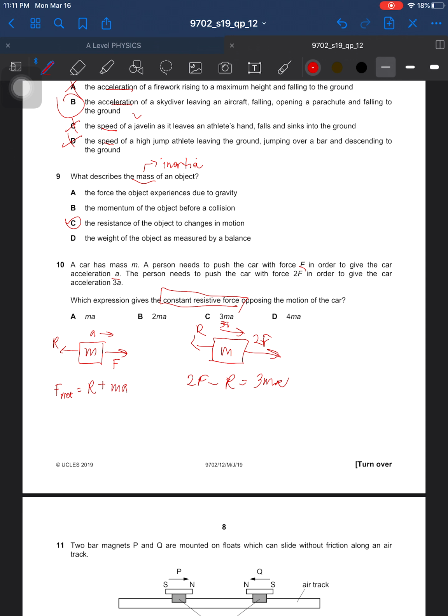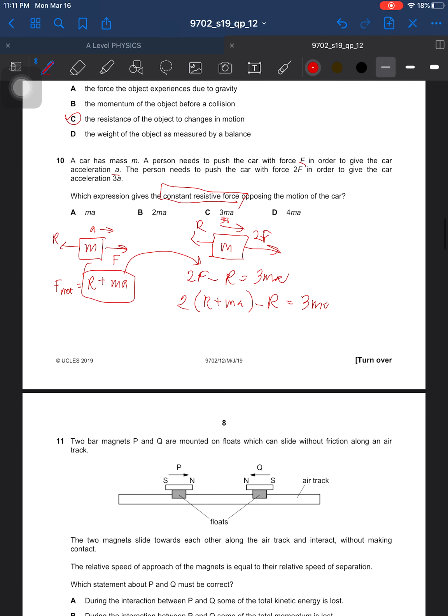Okay, so do we want to find R? We can substitute the first equation into this one. So you have 2R plus 2MA minus R is equal to 3MA.